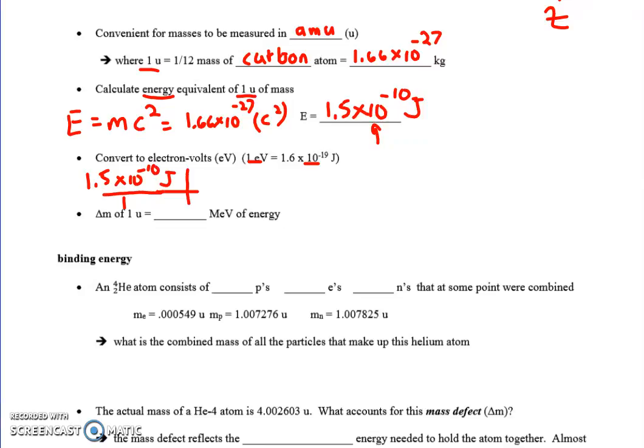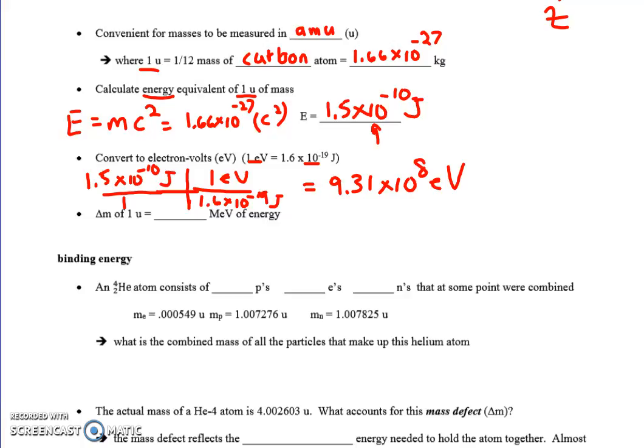And then I'm going to take my conversion factor. I'm going to put joules on bottom so that the joules cancel out. And that's equivalent to 1 electron volt. So if I divide those two numbers, I get 9.31 times 10 to the 8th electron volts.